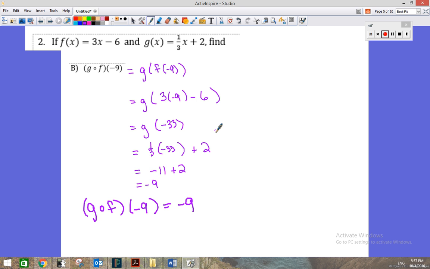These functions are undoing each other, and they are called inverse functions. When we find the expressions for f composed with g and g composed with f in parts D and E, we're going to see that it's going to reduce to x, I'll bet you anything. Anyway, let's find out. So maybe I'm getting ahead of myself. This is the answer for part B.